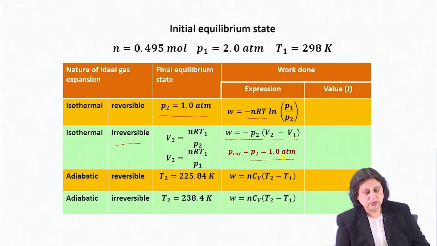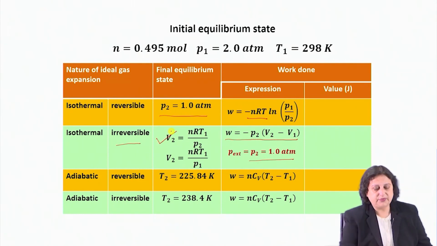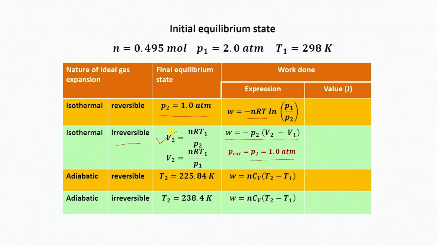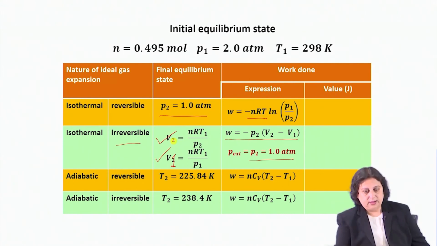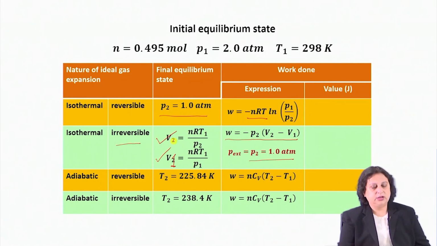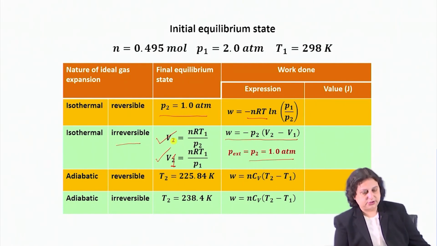V2 I can very easily find from nRT1 by P2, and similarly I can also find what V1 is. Once you know V2 and V1, and since you know P2 by your experimental condition, you can find out W. Now let us have a look at the adiabatic expansion.